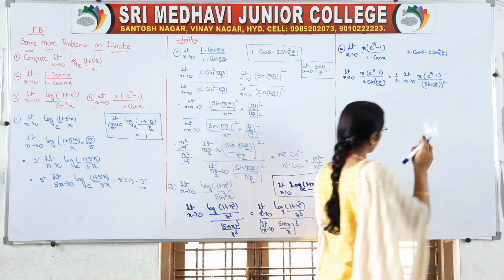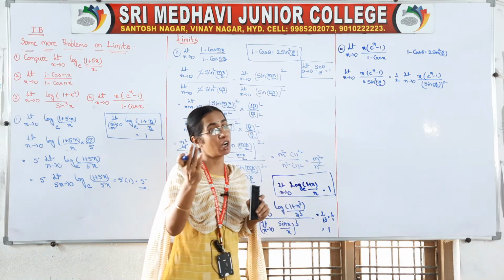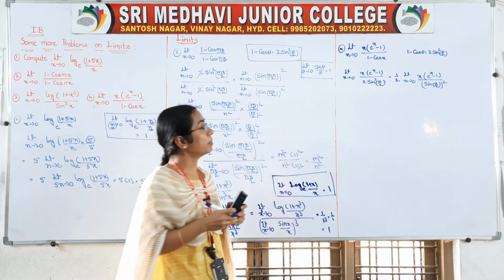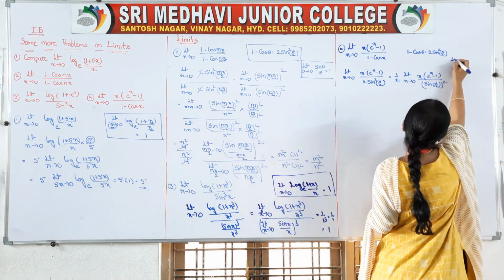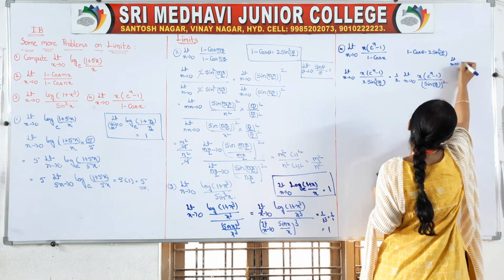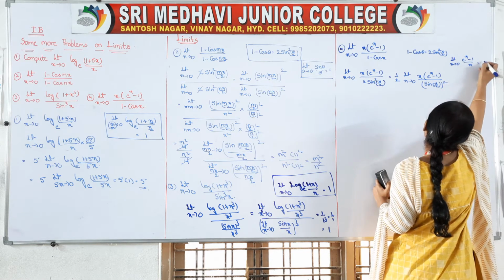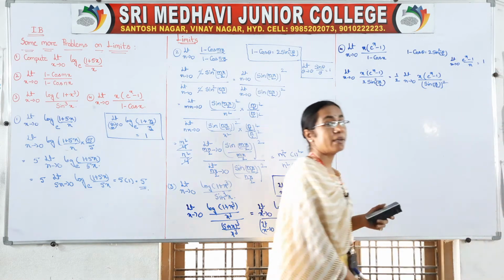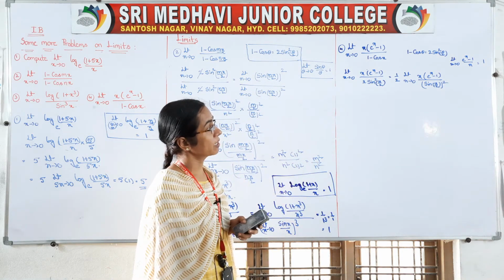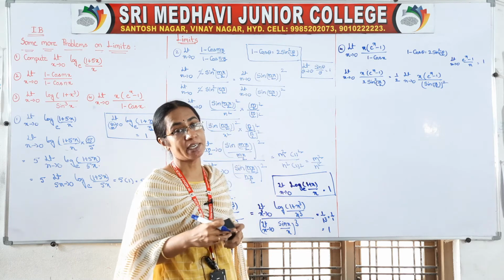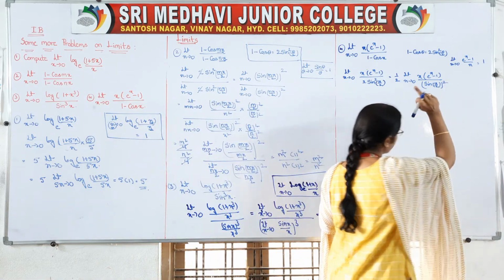Okay, so now observe carefully, e to the power of x minus 1, we got it so many times in limits, right? What is that formula? Limit x tends to 0 e to the power of x minus 1 by x is equal to 1. So that means we need e to the power of x minus 1 by x. And downwards x by 2 whole square is there.